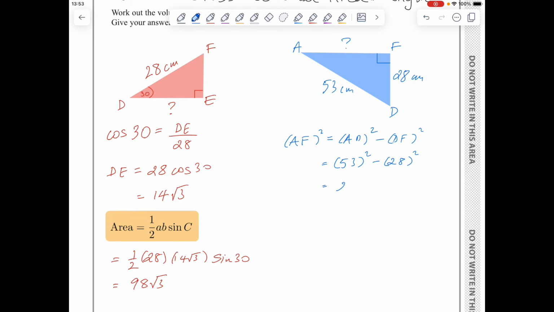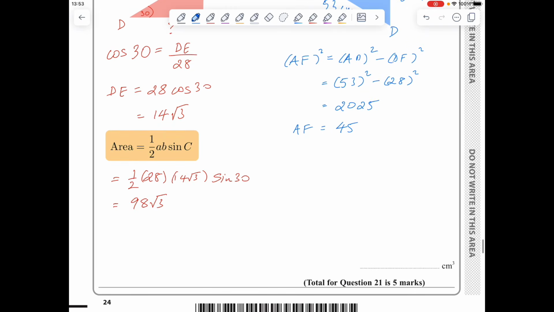This comes out to be 2025. Taking the square root will give me 45. Therefore, the volume is equal to 98 root 3 times 45, and this comes out to be 7,638, correct to the nearest whole number.